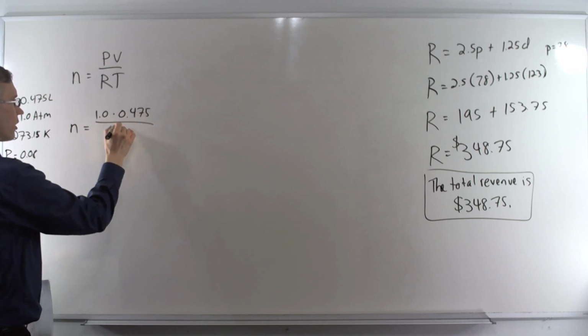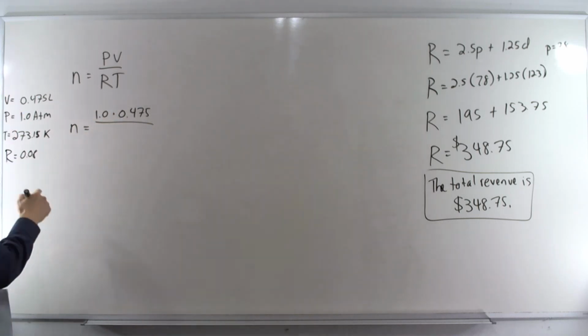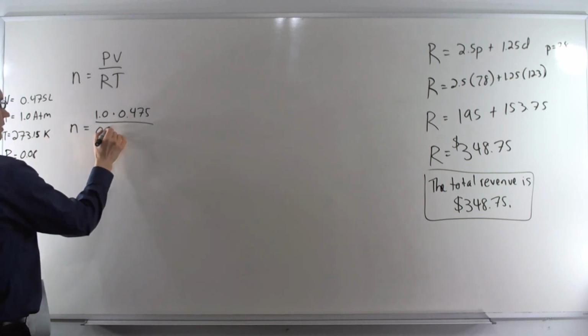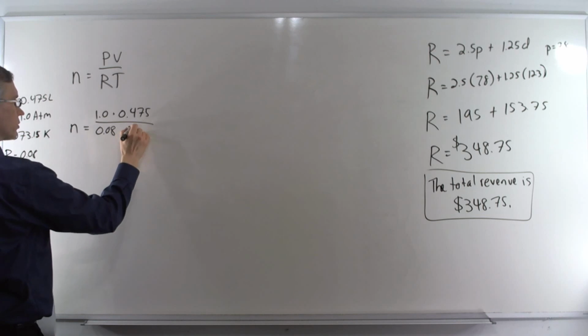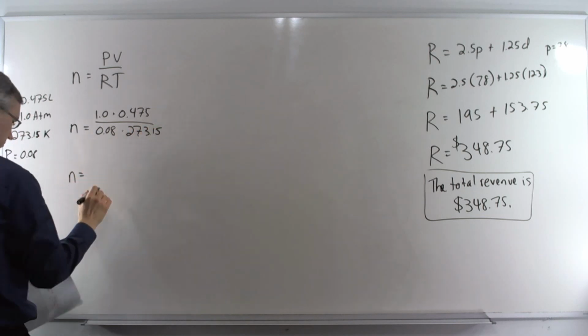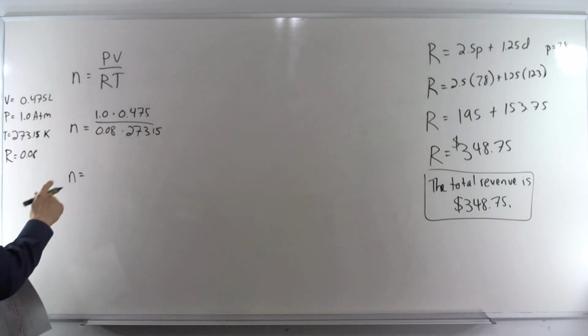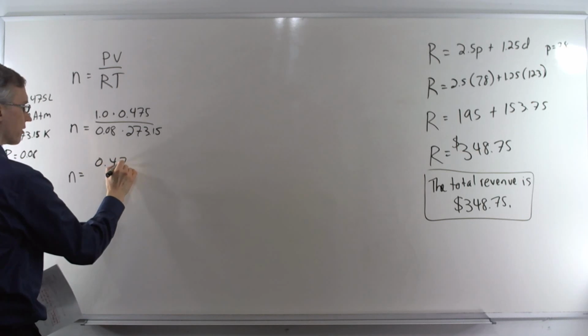So on top we have 1 times 0.475. And the bottom, 0.08 times temperature, 273.15. Now multiplying out on the top, it's just multiplying by 1, so that doesn't change the 0.475.